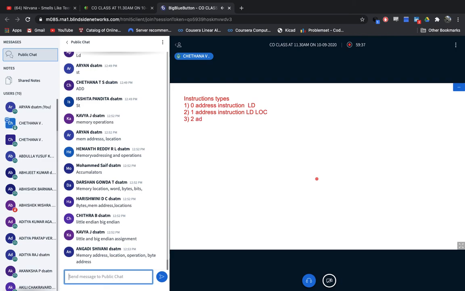Two address instructions, I've discussed it, example: add LOC comma, or not, I can give this example. Like that, three address instructions, the fourth one. The example I can give is add A comma B comma C, like this. I think these are the instruction types.